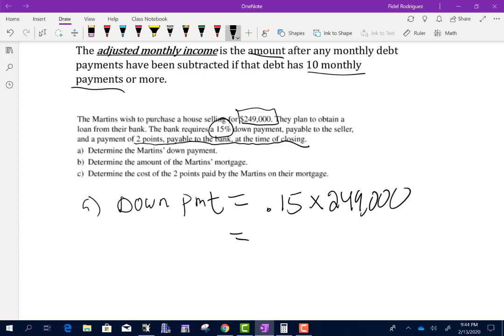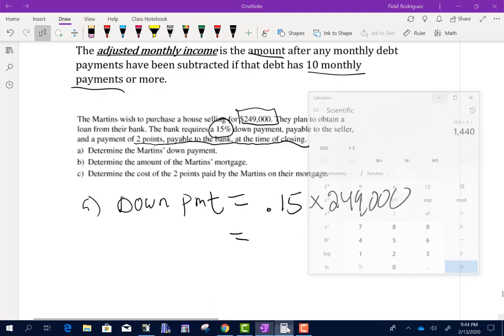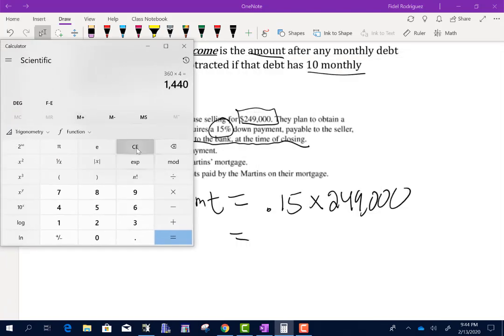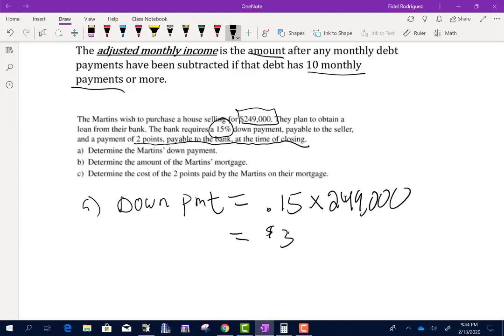Okay, so guys, I'm just going to grab my calculator right here, move this guy over a little bit, clear it out. Okay, so 0.15 times 249,000 is, so the Martins need to come up with $37,350 as a down payment.